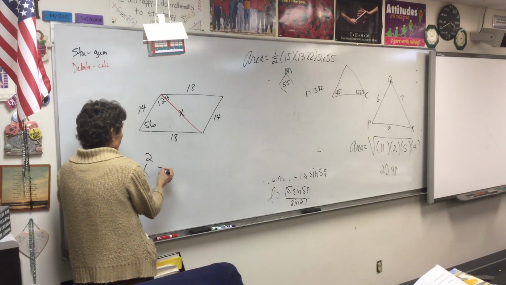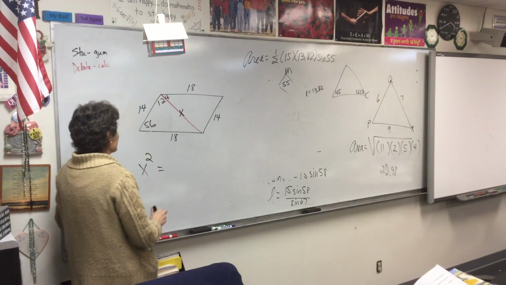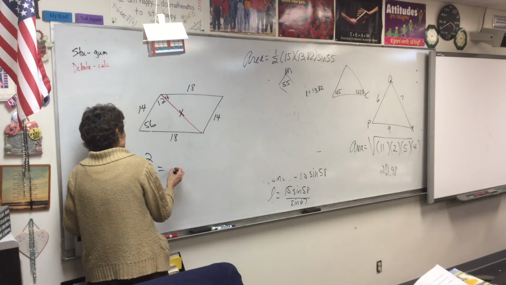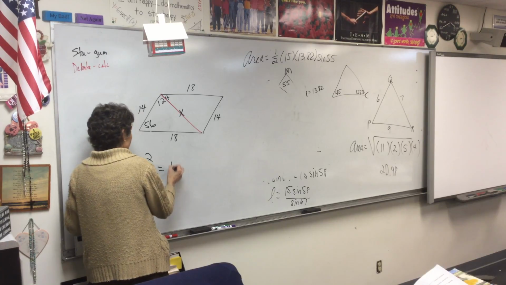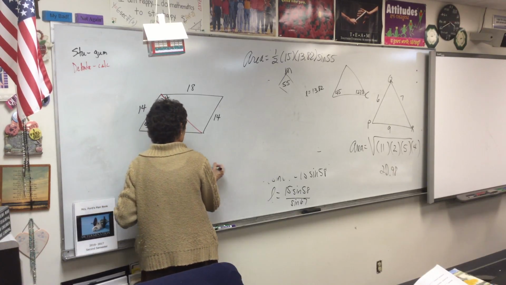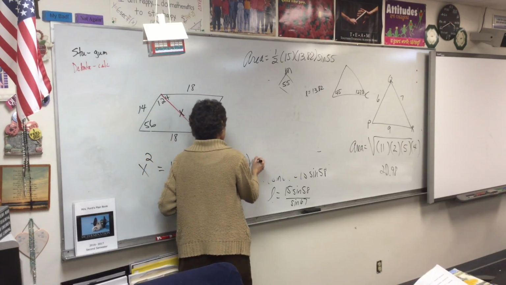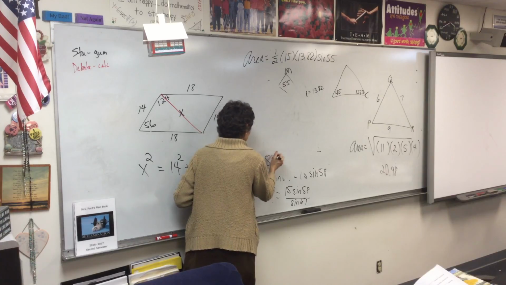X squared equals, law of cosines, this triangle, x squared equals 14 squared plus 18 squared minus 2 times 14 times 18 times cosine 56.